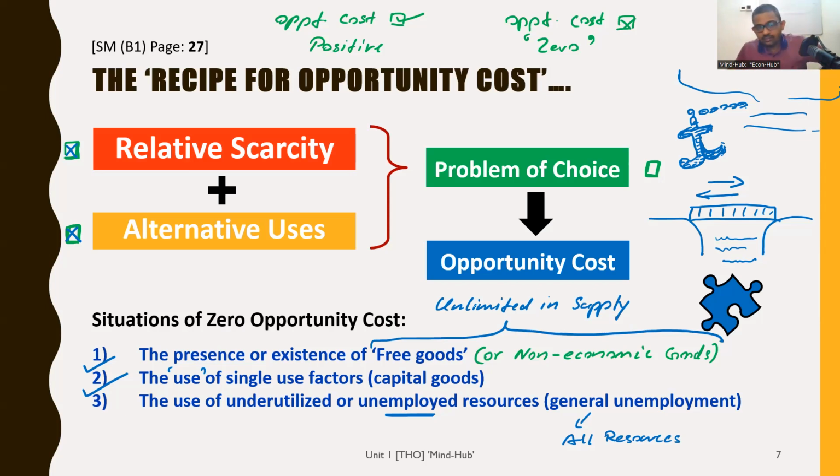I'll take a simple and a quick example. We'll say in your neighborhood, you have your houses and all that. There is this piece of land in your neighborhood. This is unoccupied.